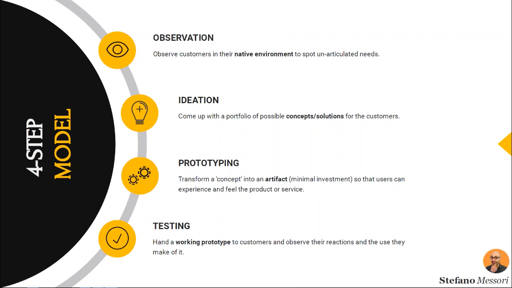So sometimes this process seems linear, but when you reach the testing process, you can actually go back to rethink what your product is. So this is an iterative approach rather than linear.